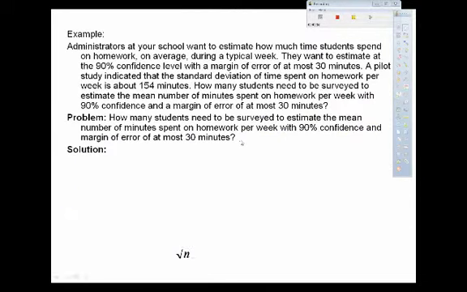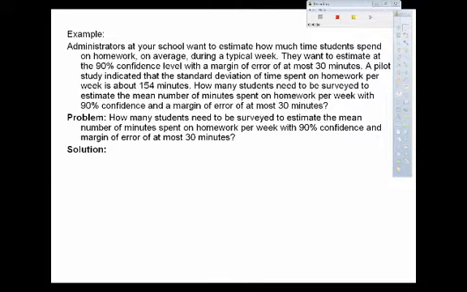All right, so here we go. Administrators at your school want to estimate how much time students spend on homework on average during a typical week. They want to estimate at the 90% confidence level with a margin of error of at most 30 minutes.